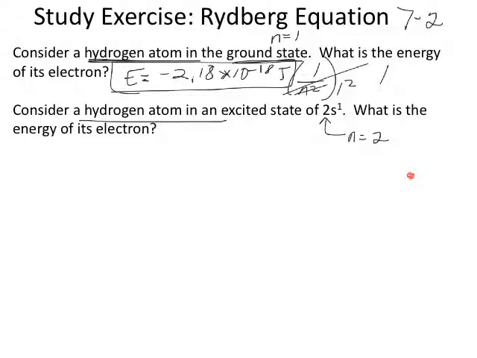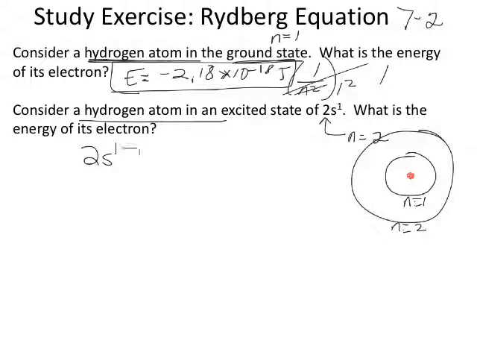So there's your proton in the nucleus, and you have an energy shell of n equals 1, and that's the first orbit away from the nucleus, and then you have an n equals 2. And so a 2s1, the 1 is the number of electrons, so you have 1 electron. 2 is your n level, so that's the distance away from the proton, your energy shell.